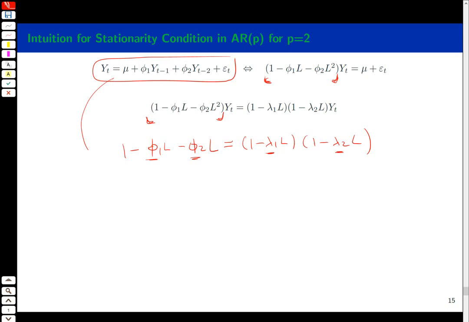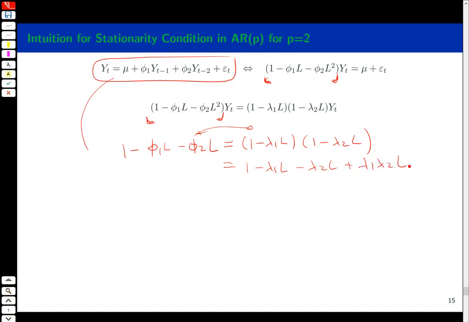We're going to get mu plus phi 1 times, well, y t can be expressed like this, and y t minus 2 can be expressed as L squared of y t, sorry. So we just use the definition of the L. Well, that's all we've done.